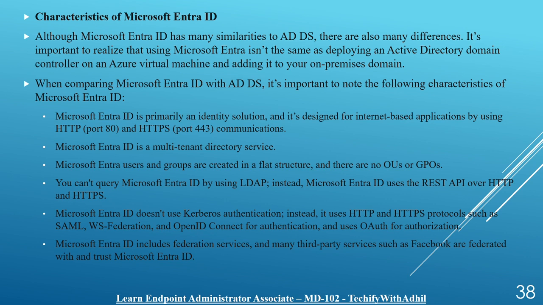Their scope: Entra ID is designed for cloud and hybrid, meaning it combines both cloud and on-prem, whereas ADDS is focused on the on-premises environment only. Then management: Entra ID is managed through the cloud, while ADDS requires on-premises management. Scalability: Entra ID offers greater scalability due to its cloud nature when compared to ADDS.